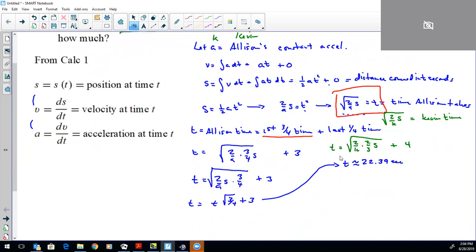So Kevin's total time would be this times the square root of 2/3, plus 4.